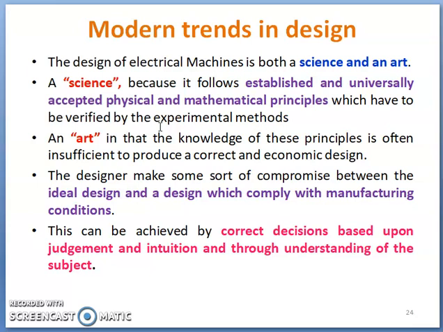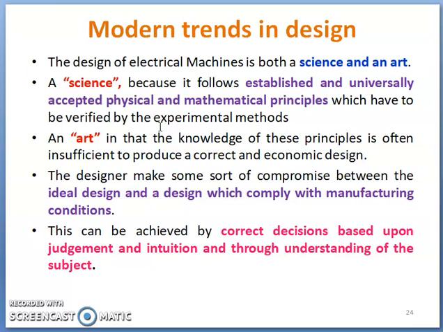In electrical engineering technology, we use Faraday's laws, Lenz's law, Biot-Savart's law. So many laws are used to design the machine, then verify after design whether it gives the desired performance or not. Hence, a lot of science is involved in the design of an electrical machine.